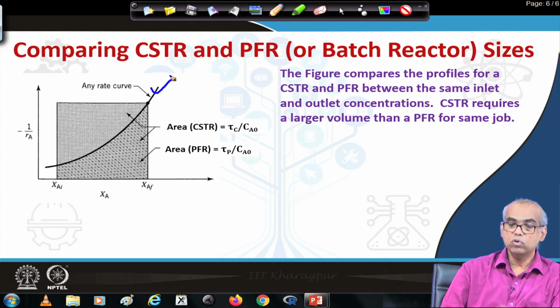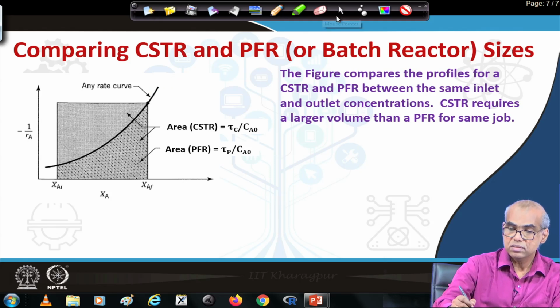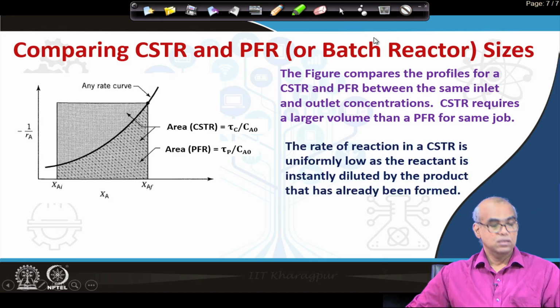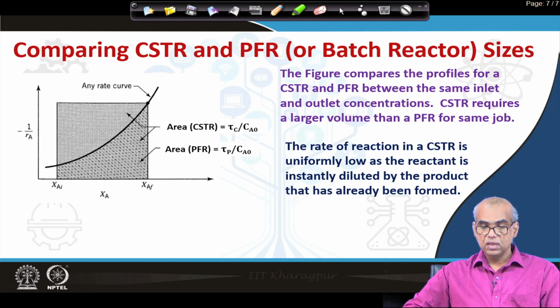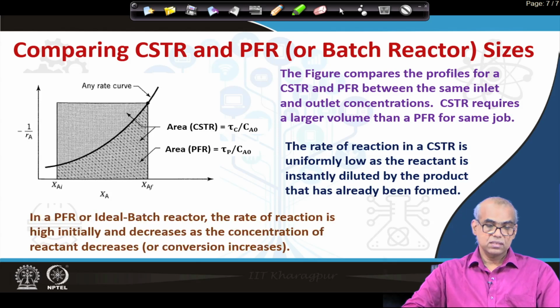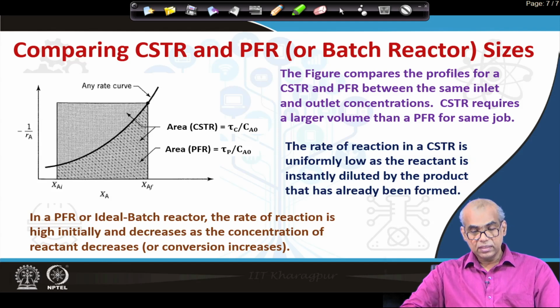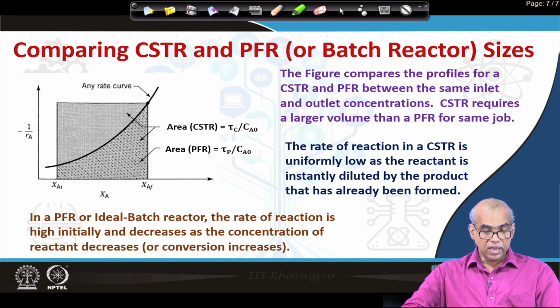So, CSTR volume is always higher than the PFR volume for a given conversion. The rate of reaction in CSTR is uniformly low, whereas for PFR the rate of the reaction is high initially and decreases as the concentration of the reactant decreases or as the conversion increases.